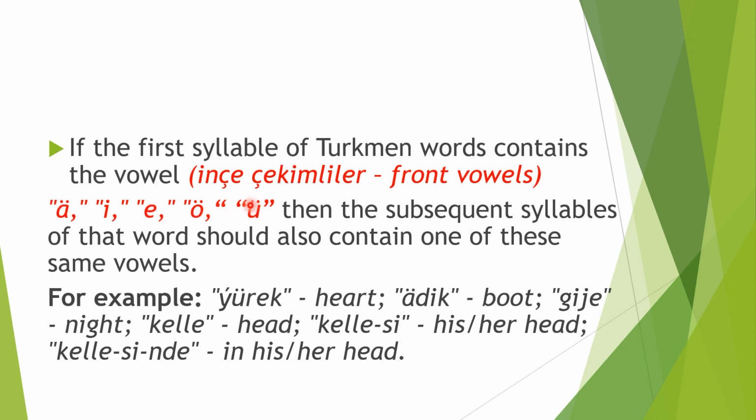So it's easy to remember. 5 vowels, they are inçe. All of them have 2 dots on top, and just e. That's all. The vowels with dots and e are inçe.